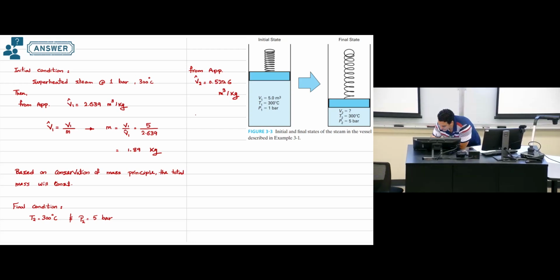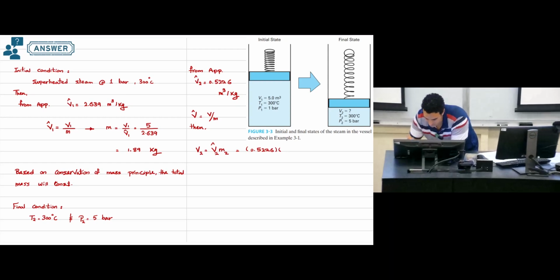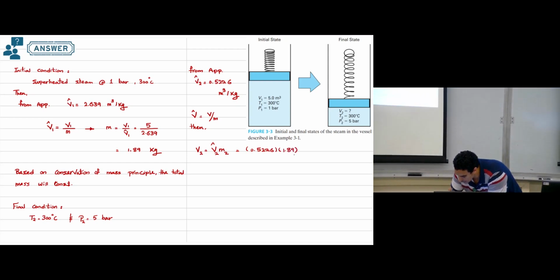But we know that specific volume is volume divided by mass. Then the volume, which is what we need to calculate, is specific volume times mass. So the volume at the second condition is 0.5226 times the mass, which is 1.89.